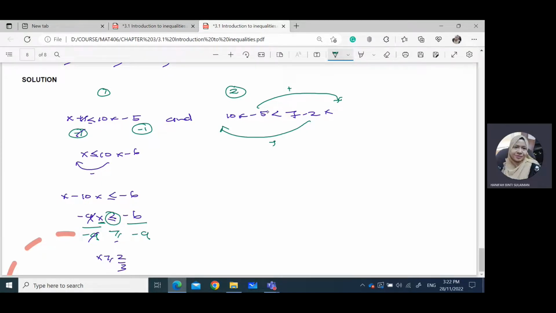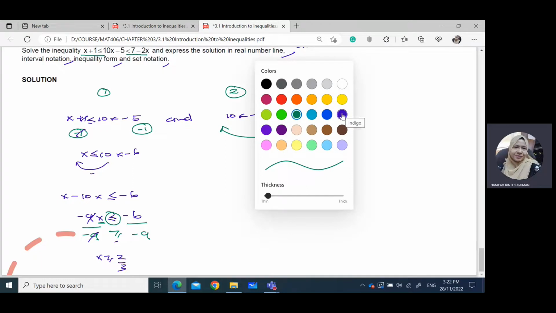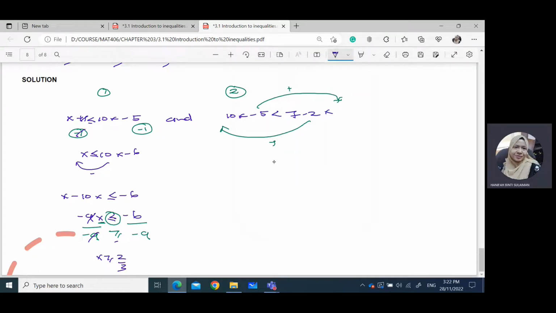Okay, sebab dia di sebelah kiri dia negative 5, jadi bila dia pindah ke sebelah sana, sebelah kanan dia akan jadi positive 5. Okay, so kita selesaikan. So ni kita akan dapat 10x plus 2x less than 7 plus 5. Okay. So 10x plus 2x, we have 12x less than 12.